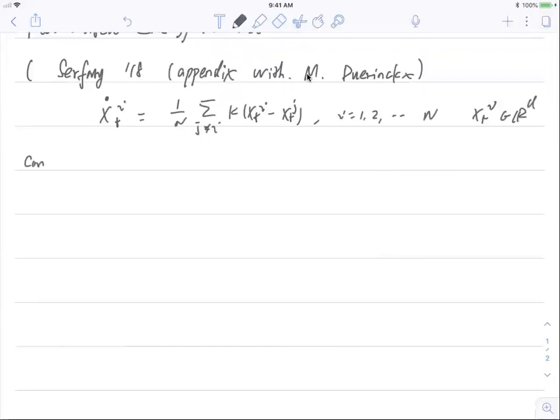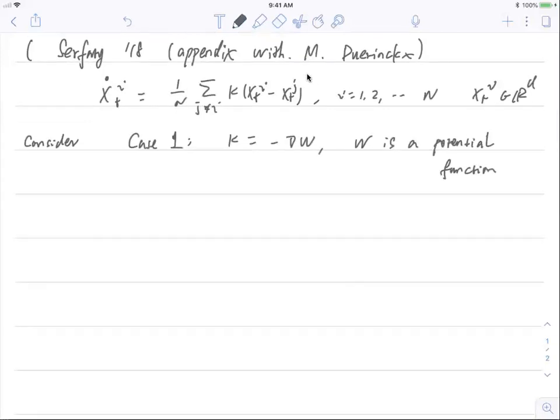Case one: K is given by some gradient of W, where W is a potential function. So this is the gradient flow case, or you can call it the dissipative case.